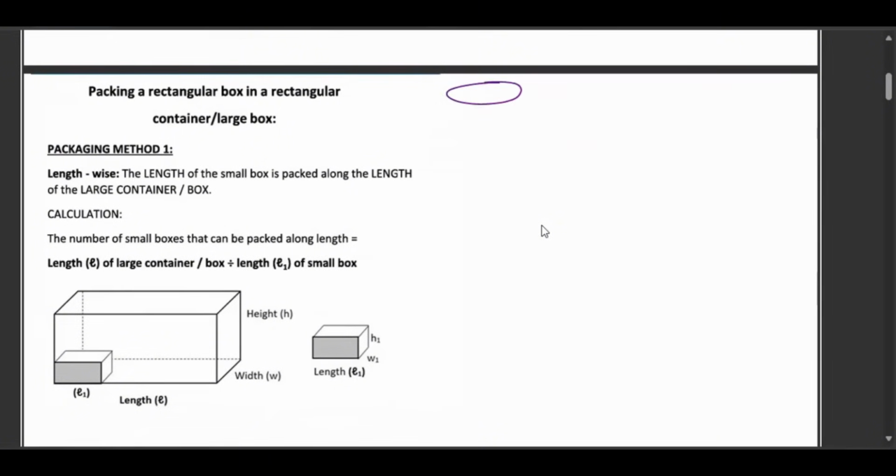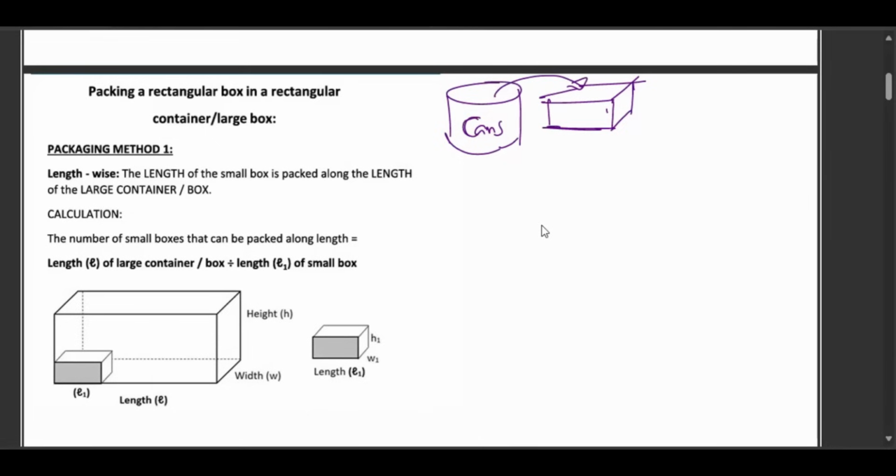We have either cans in the form of cylinders, or boxes in the form of rectangular boxes. Cans can be packed into cans, or boxes can be packed in boxes, or cans can be packed in boxes.